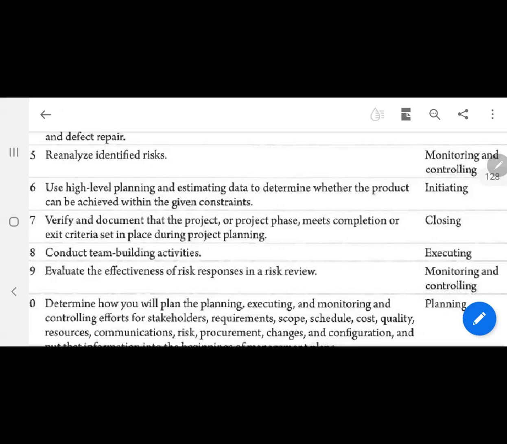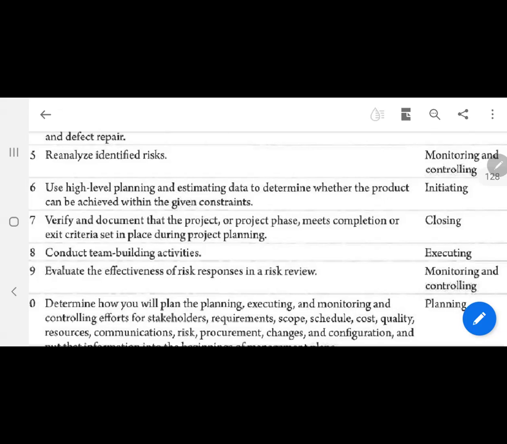You use the business case to determine the benefit-cost ratio, do a lot of analysis, and establish whether the organization will commit resources to the project or not. And that's where they form the project charter. So it's initiating.